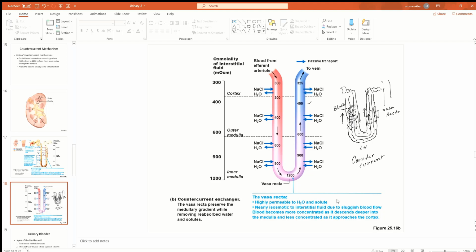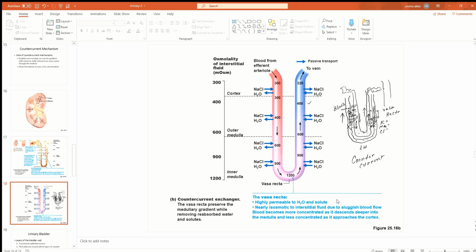And here a similar thing is happening. You know that sodium, potassium and chloride are reabsorbed. So here they will get out and will be quickly taken into the blood too.